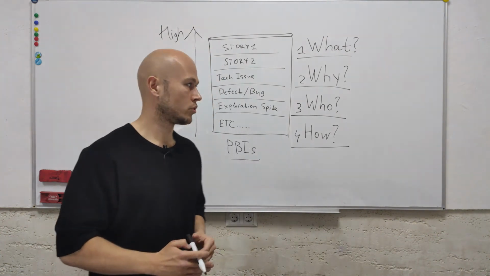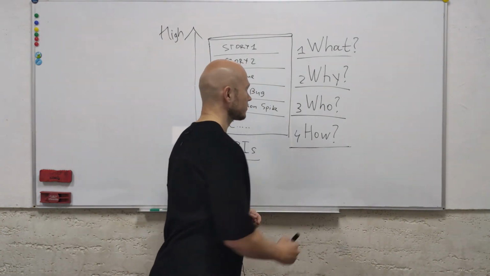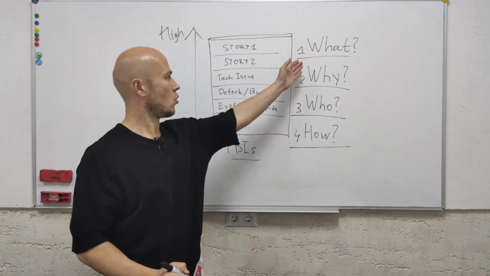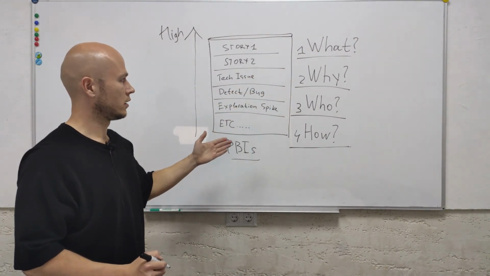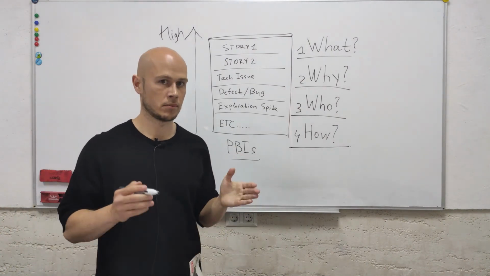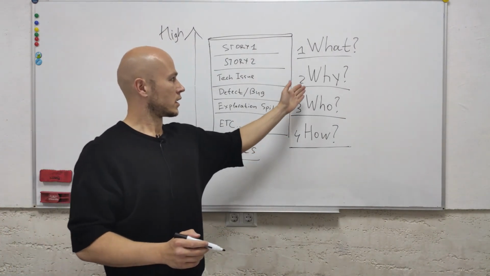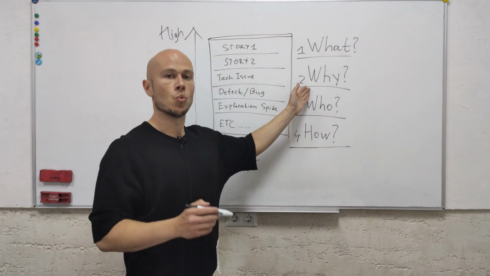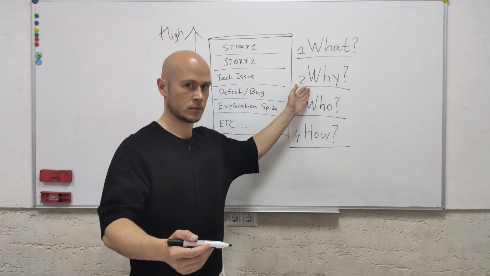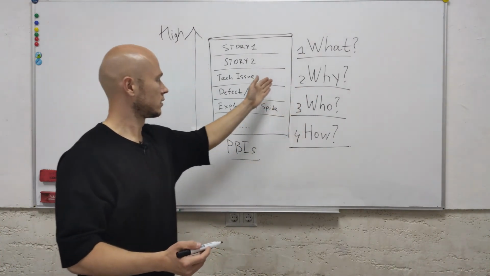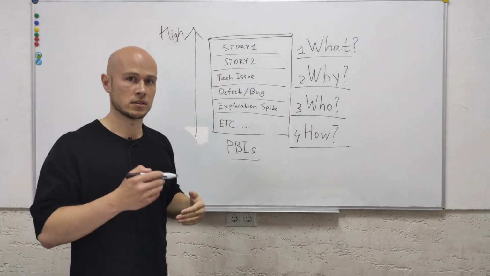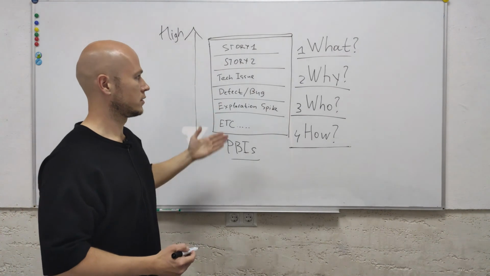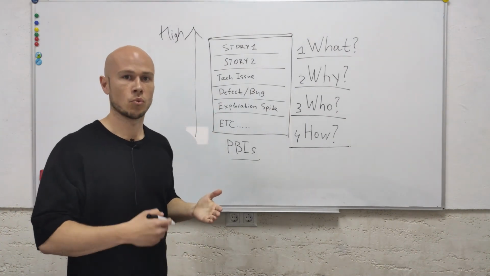So we have reviewed all 4 questions and now you have understanding what is backlog. You know that it contains everything that is known about the product. Second, we have answered the question why we would want to have backlog. So it's a kind of plan that actually contains deliverables and prioritization when they will be delivered. Thus we can have the transparency and understanding when something will be done.